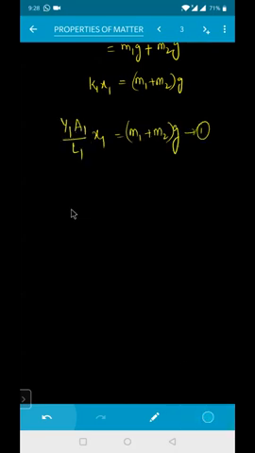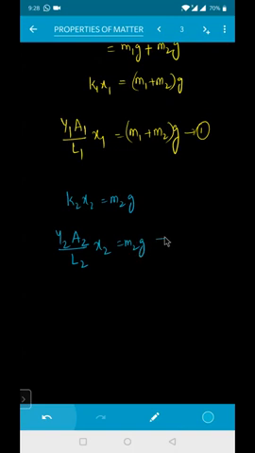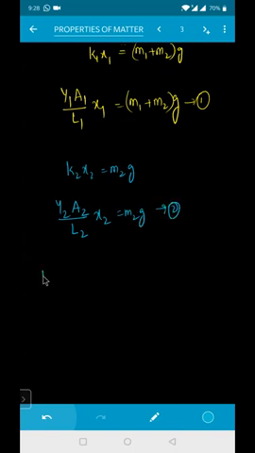The same way, if I'm writing for the second one, this one is K2 into X2 is equal to M2 into g. K2 means this will become Y2, area of cross section is A2 divided by length is L2 into X2 is equal to M2 into g. This is your equation number 2. Now divide 1 by 2, beta. If I'm dividing equation 1 by equation number 2, so what I'll be getting, you see?